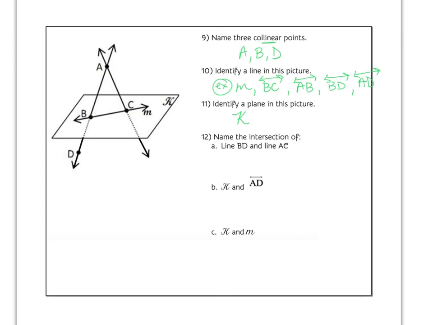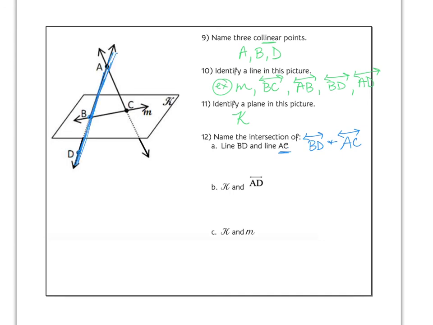All right, let's try number 12. Name the intersection of line BD and line AC. That's a C. It's kind of tricky because it's written in a weird font. So notice here it does not have the double arrow above it. However, we could have written line BD like this and line AC like this. So we're looking for the intersection of those two lines. So find line BD. Here's B, here's D. So the line is right here.